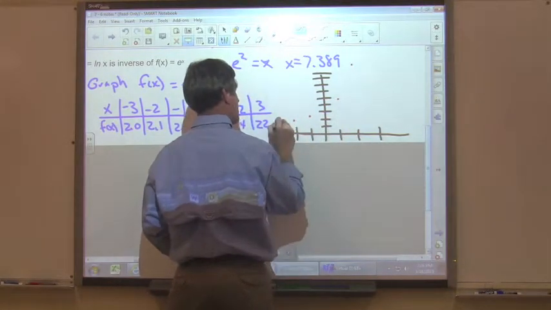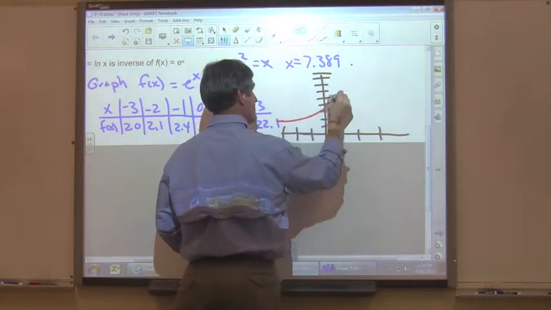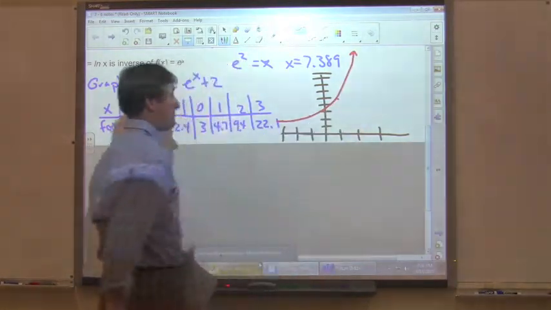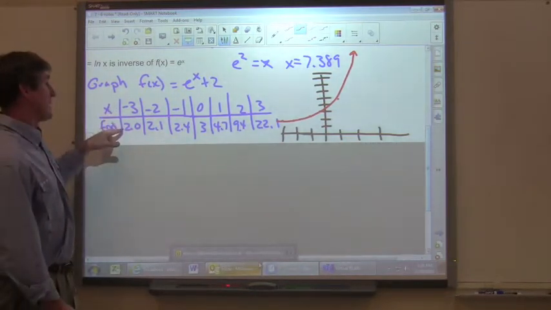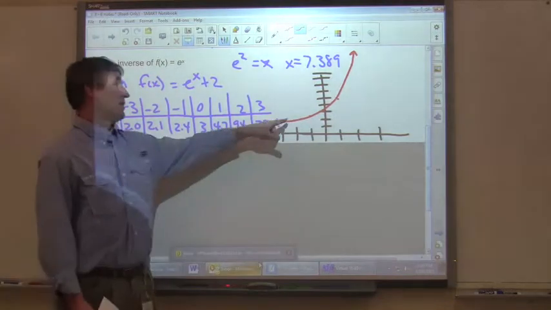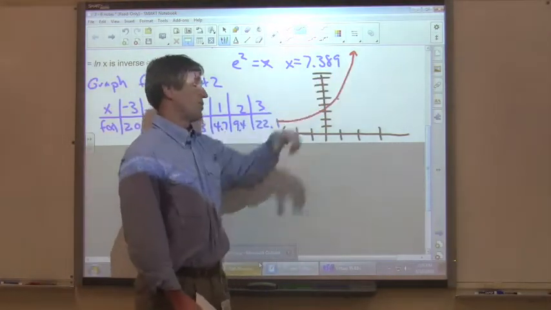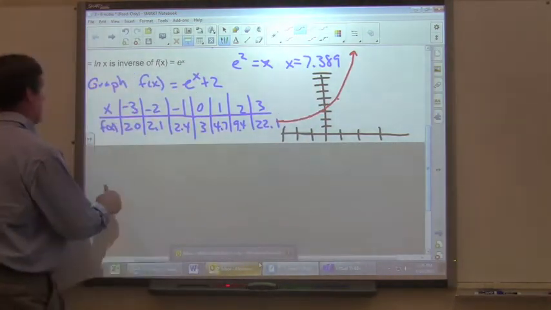And you can see that this graph would exponentially grow as we went. So if they give you one to graph, just make the table, get enough points so you can see what the graph's doing, and make your graph.